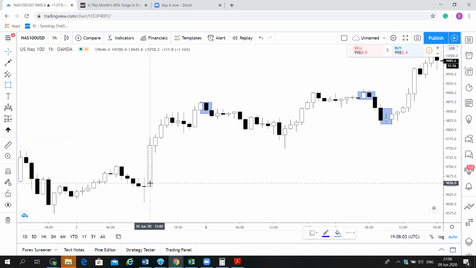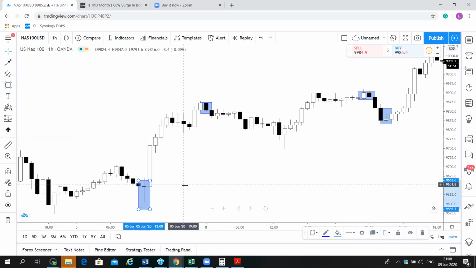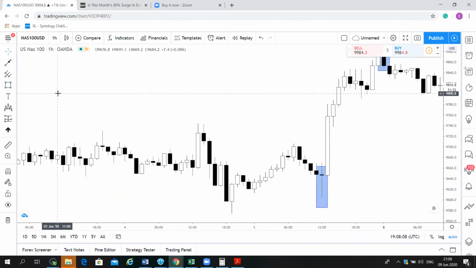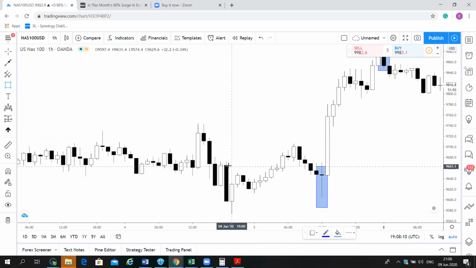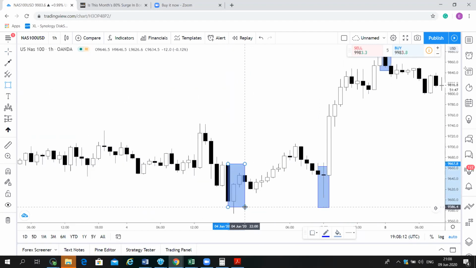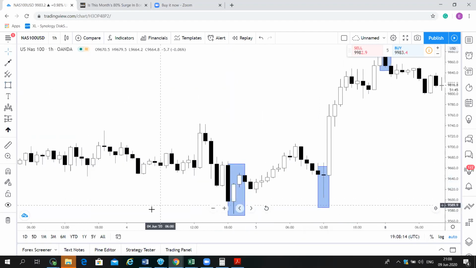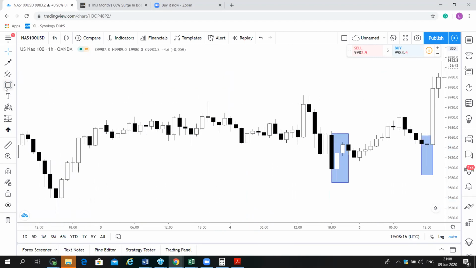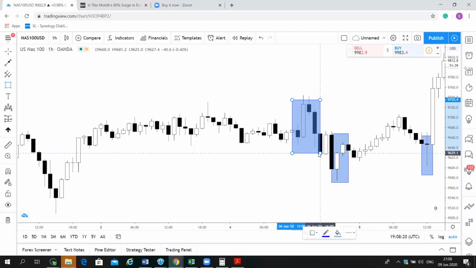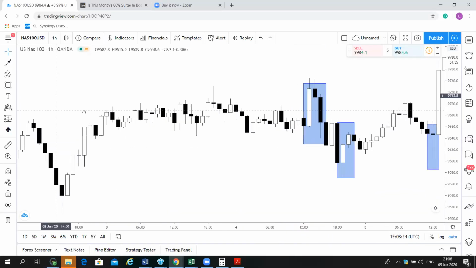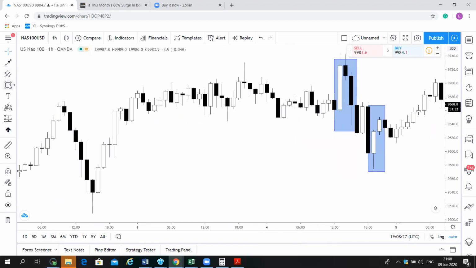I'm just trying to show you guys these candles that are very much easy to learn if you'd like. And notice the maximum number of candles that we use is 3. It's 3. Just notice them.